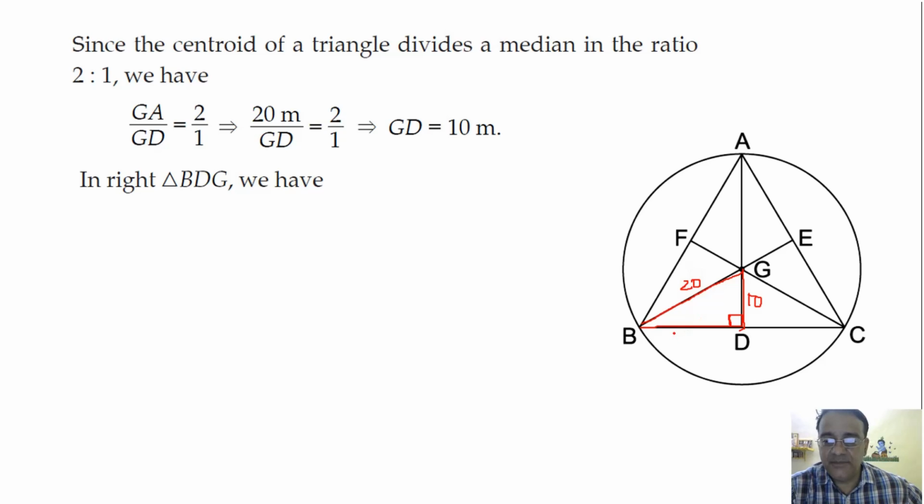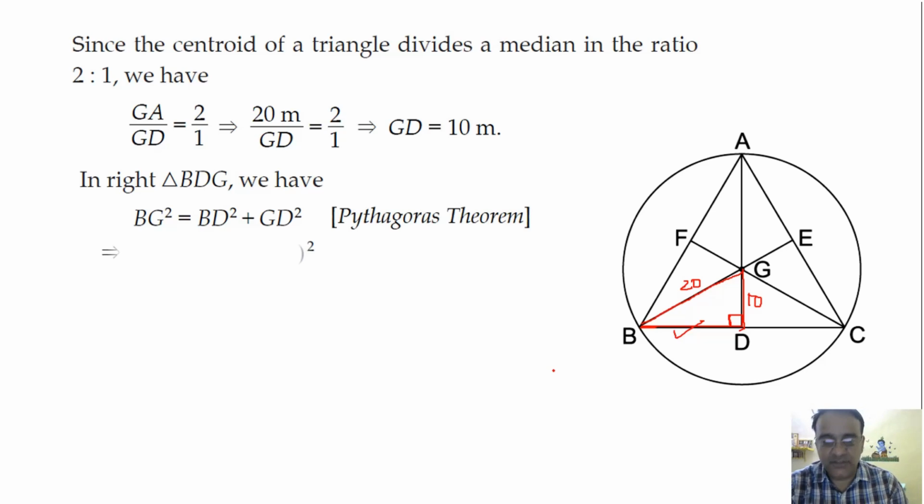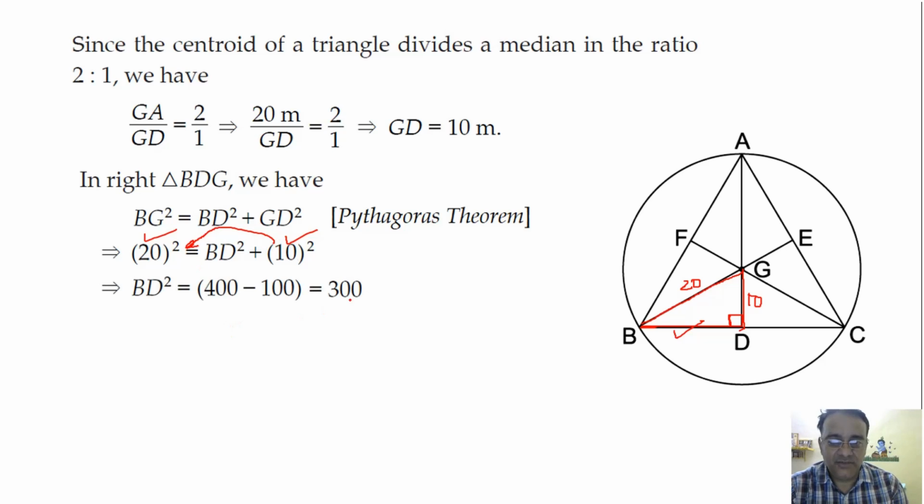So how will you find BD? Pythagoras theorem. So BG square is equal to BD square plus GD square, by Pythagoras theorem. So 20 square is equal to BD square plus 10 square. This is 400 and this is 100. If you shift this to this side, it will become minus. So we get 300.